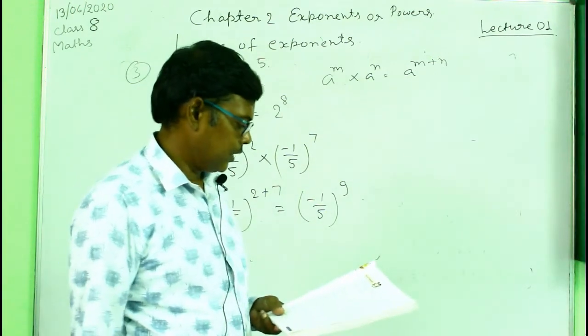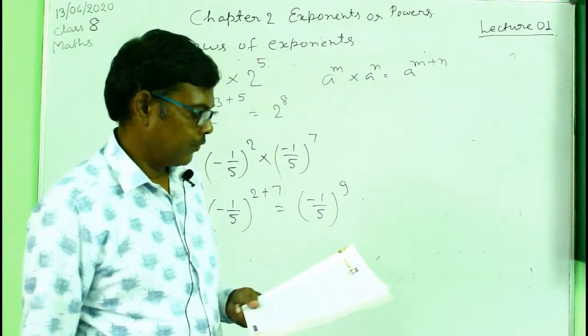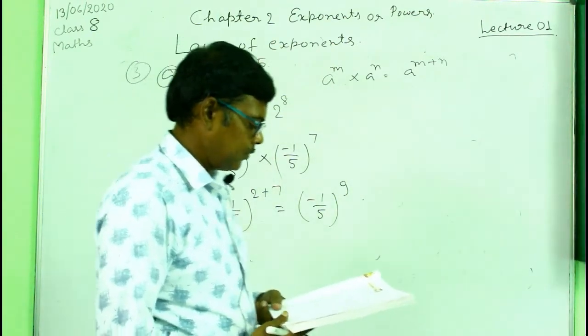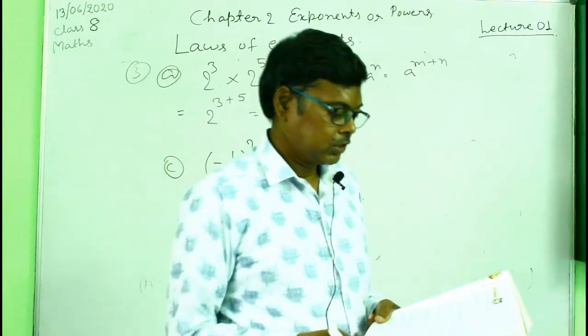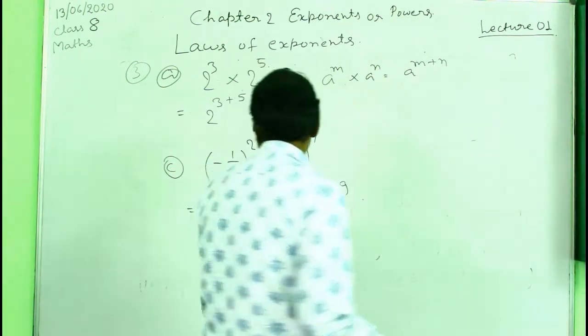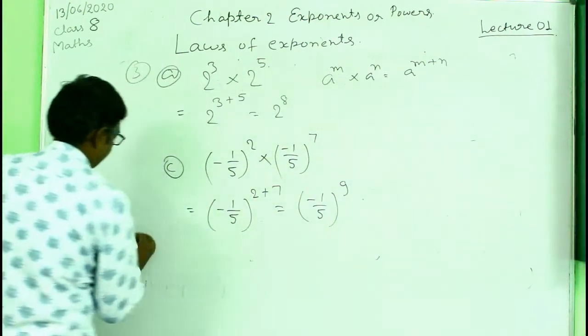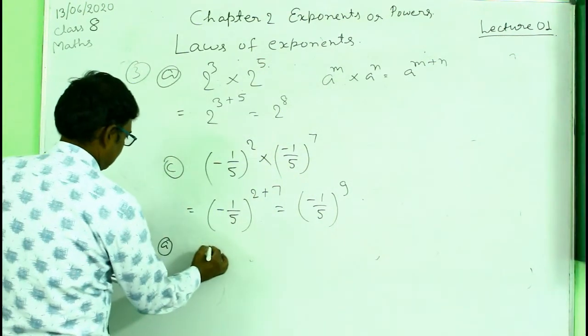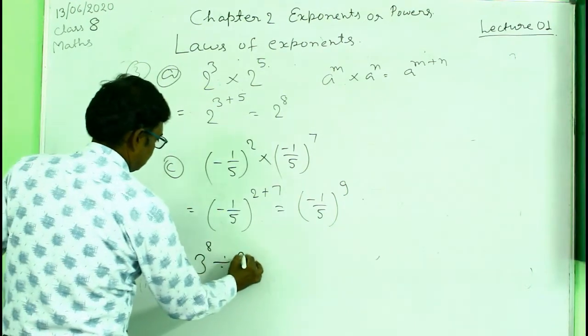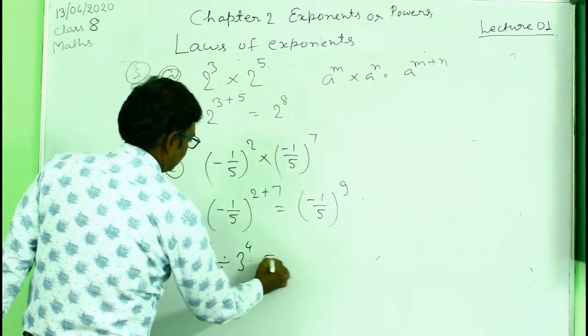And now the next question is: simplify the following and write in the exponential form. Question number 4, simplify 3 to the power 8 divided by 3 to the power 4.